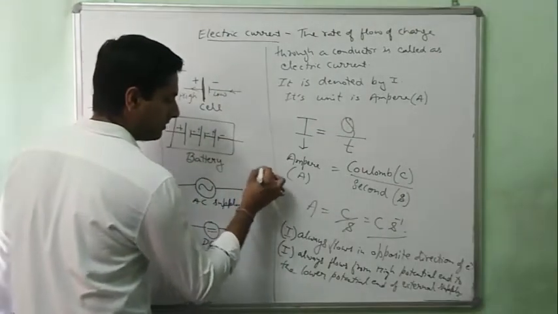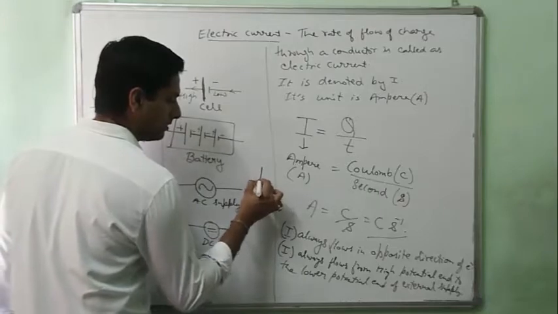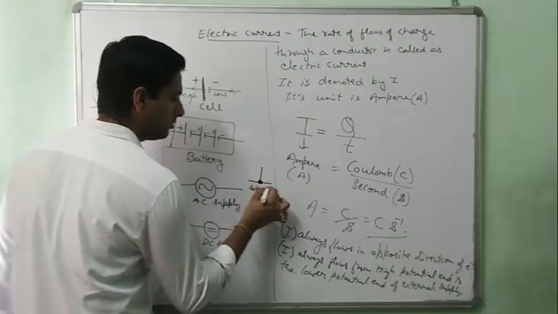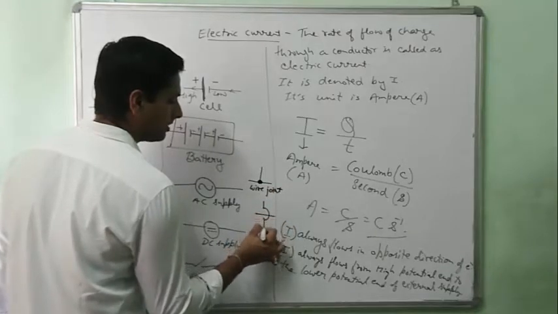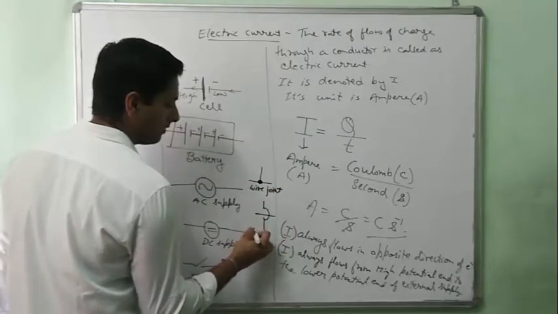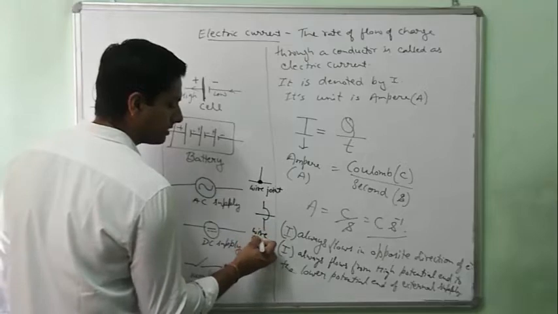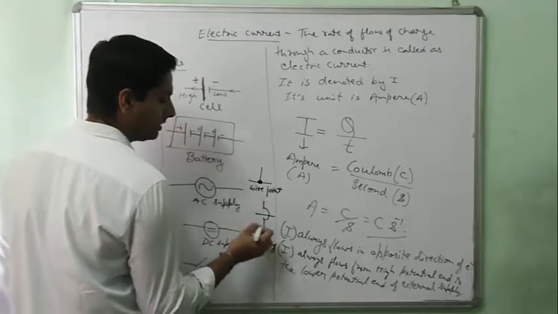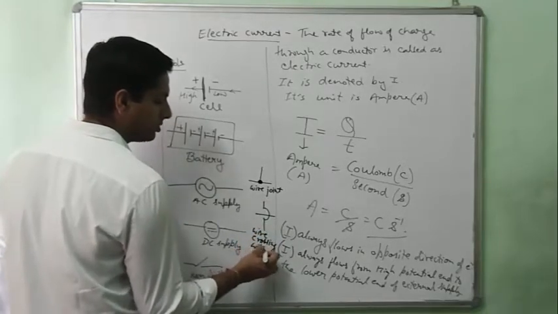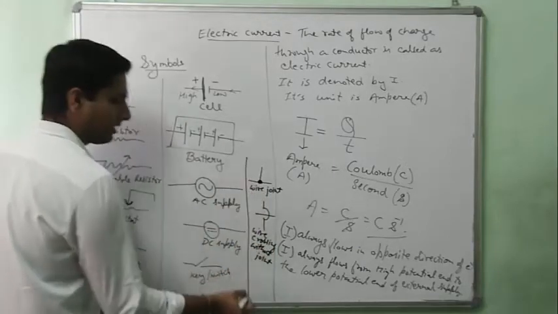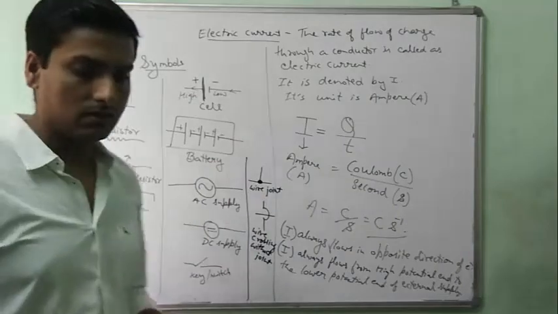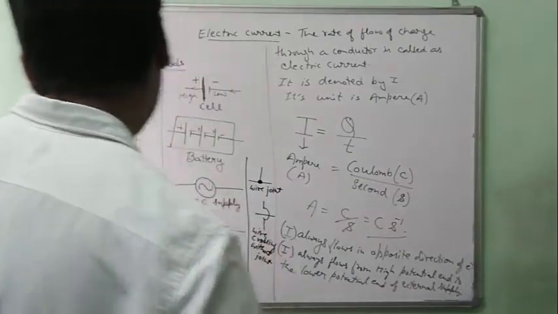This is the symbol of a wire joint, and this can be the symbol for wires crossing over one another without a joint, that is, they are not touching each other. Okay, so these are the basic symbols that we have to use.